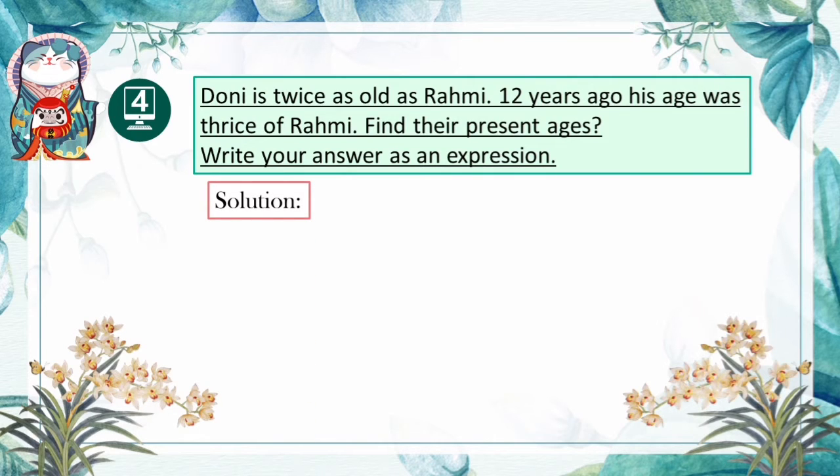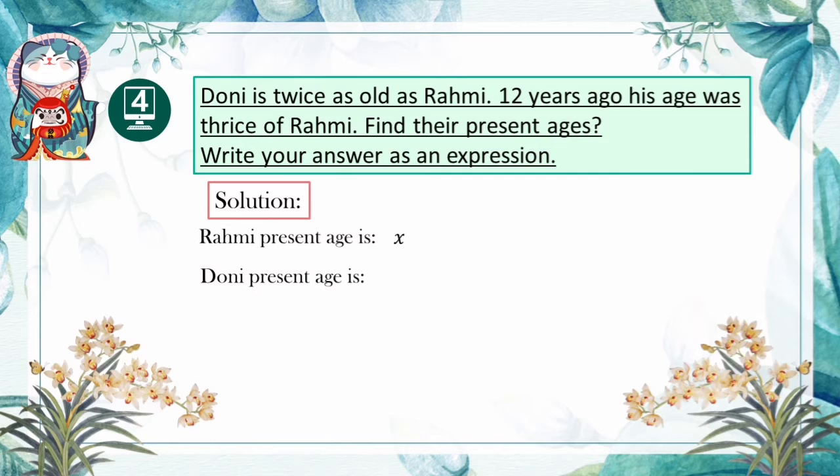Solution. In this word problem, the ages of Rahmi and Donny are unknown quantities. Therefore, as discussed above, let us first choose variables for the unknowns. Let us assume that Rahmi's present age is x years.